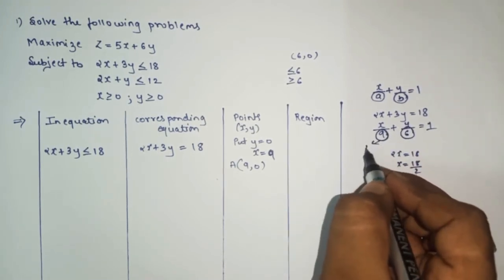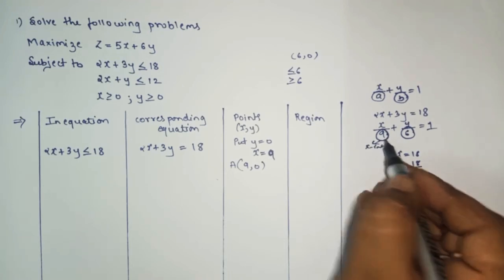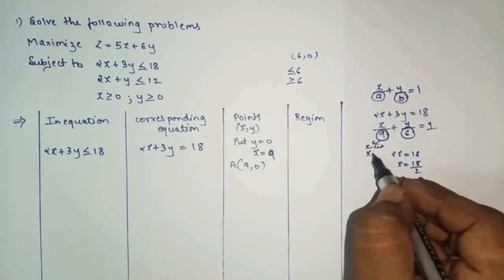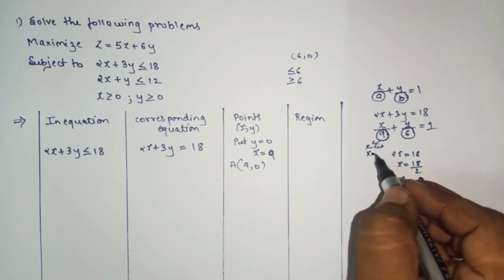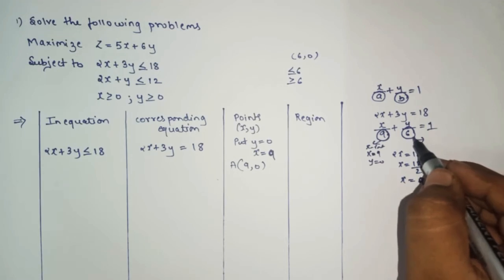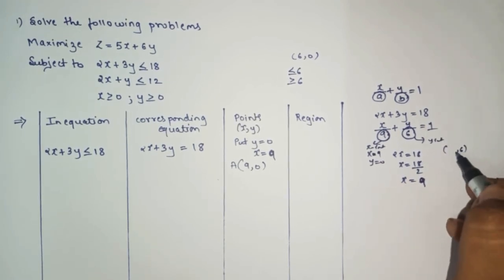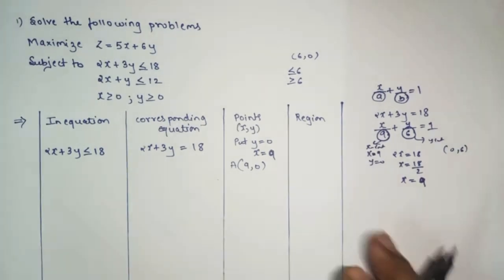This is the value of the x intercept. That means if x is 9, then y will be 0. Yes or no? If x is 9, then y will be 0. And this is known as the y intercept. That means if y is 6, then x will be 0.